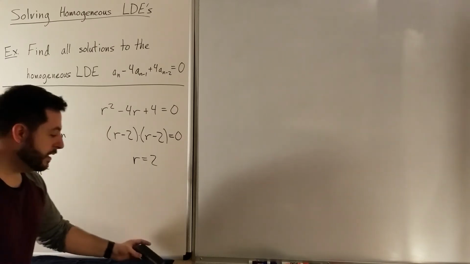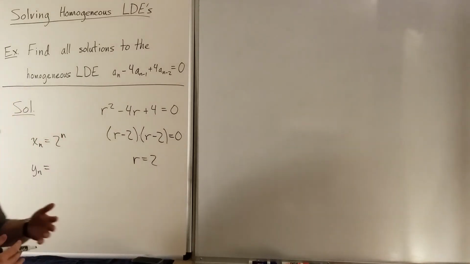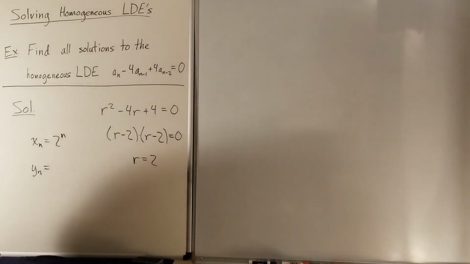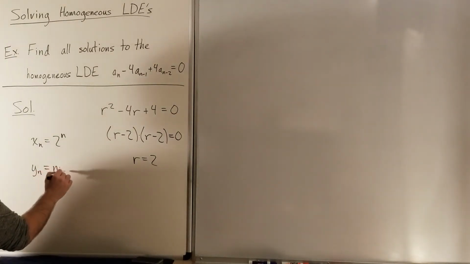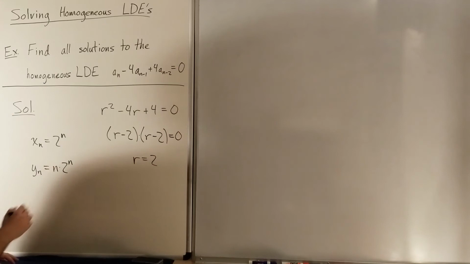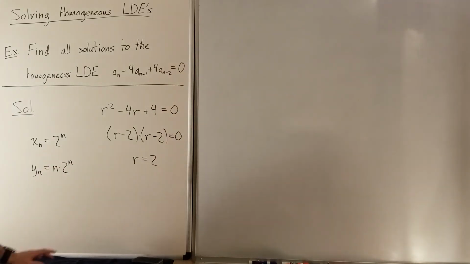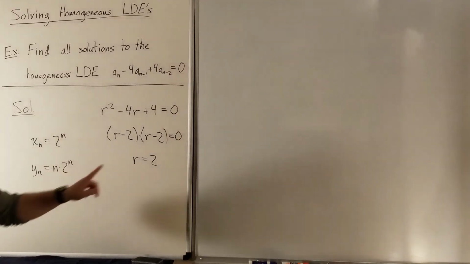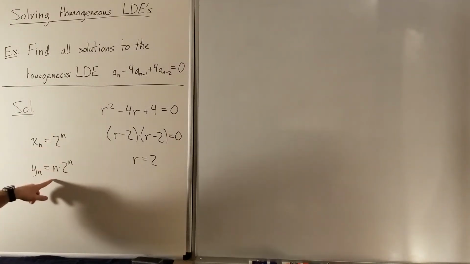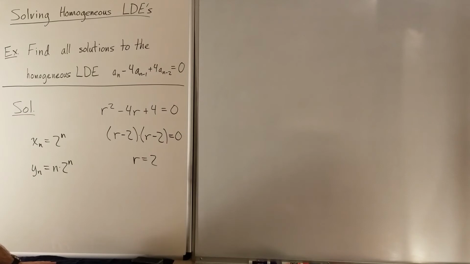But again, lots of smart people have already studied this, and there is a good guess to use here, and that is n times 2 to the n. So whenever you have a repeated root, specifically with multiplicity 2, then here are two linearly independent solutions.